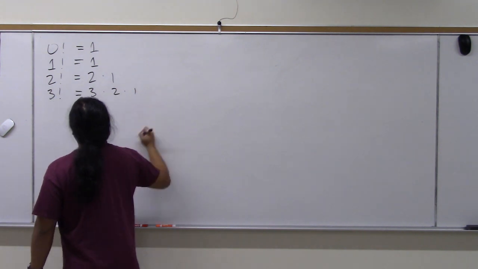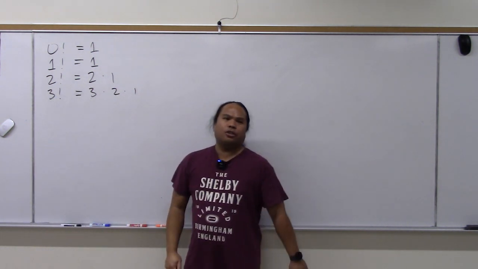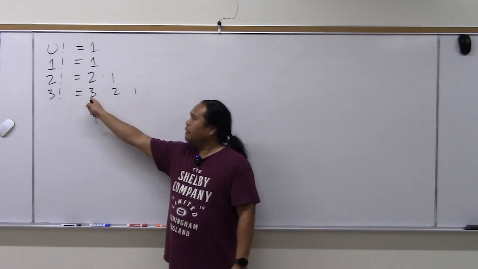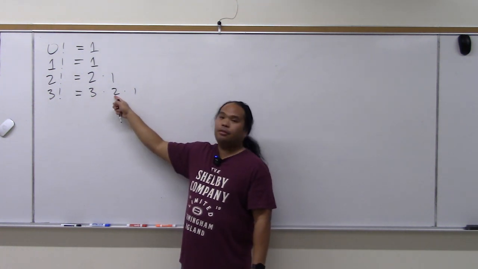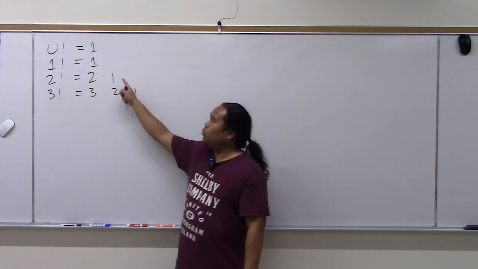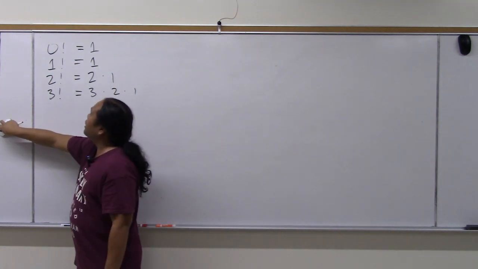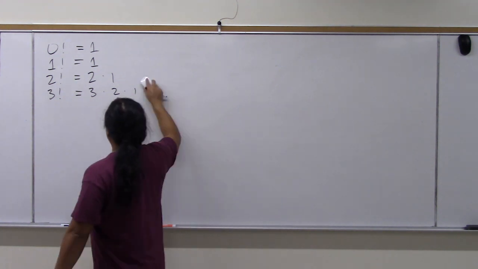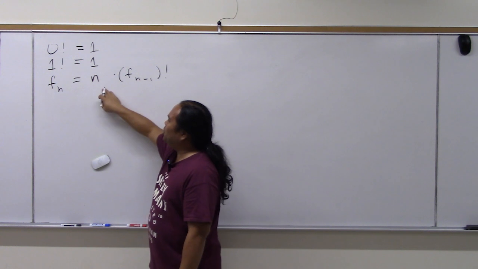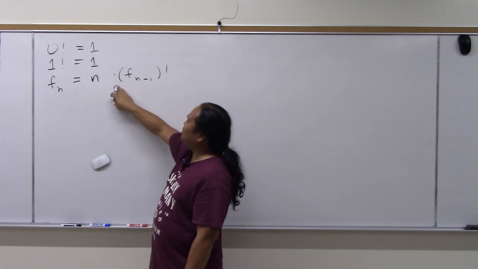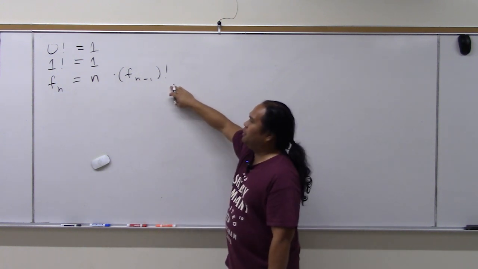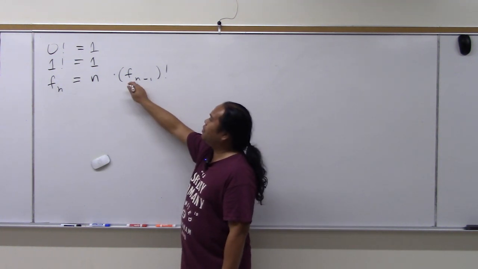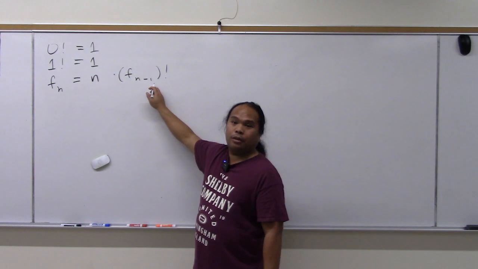Hopefully that's clear: when you do the factorial, you multiply by that number and then minus 1 until you hit 1. Technically, there are 2 base cases because 0 is a potential number in the domain. F of n is equal to n times a recursive call to this definition, but here you can see it's actually n minus 1, okay?